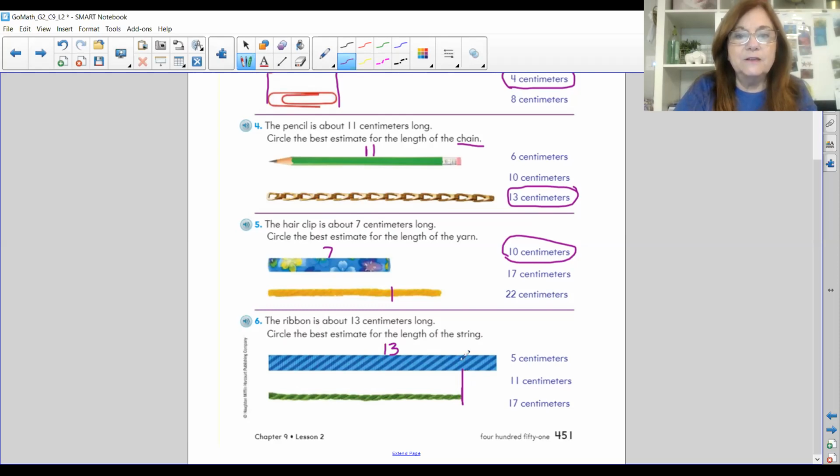Now 11 centimeters is almost 13, and actually you can see that the green string is way down almost at the end. It's almost the same length as the ribbon. And 17 centimeters is more than 13, so it can't be 17. And I don't think it's 5, so I think 11 is about the right one, because 13 minus 2, that would be about 2 centimeters, would equal the 11 centimeter string. Okay, so I hope you guys did good on your estimating.